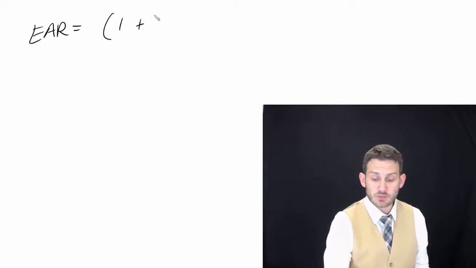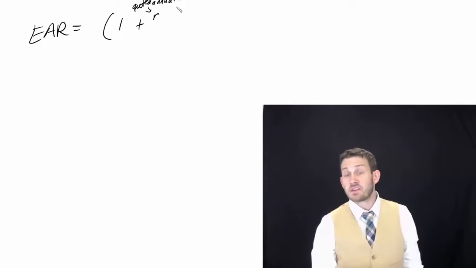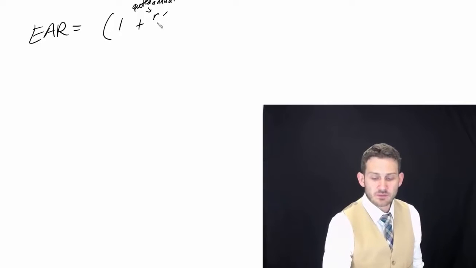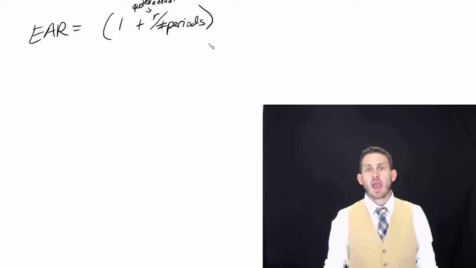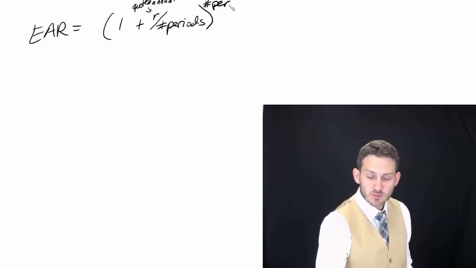So it's going to be 1 plus r, and this r is the quoted annual rate, the simple rate, and that is divided by our number of periods, and then we raise that to the number of periods in the year.